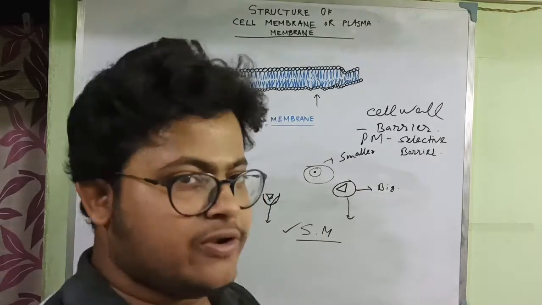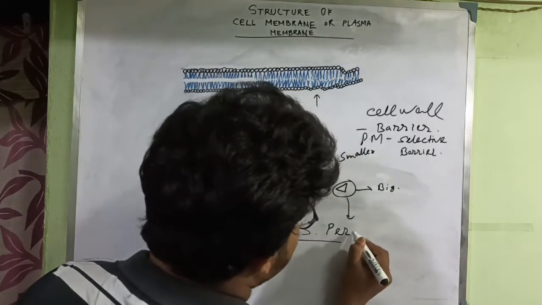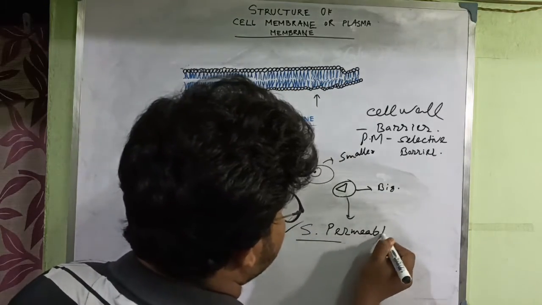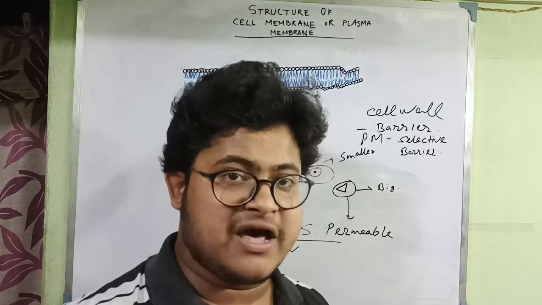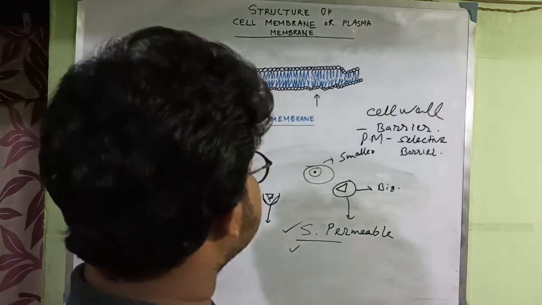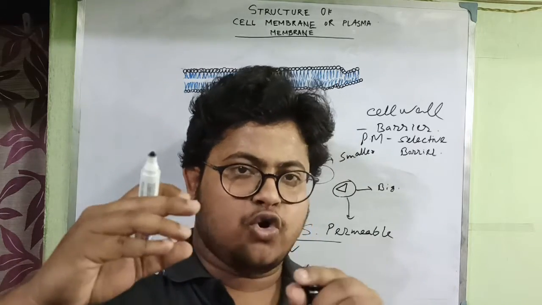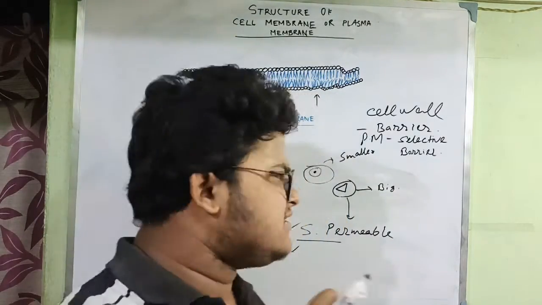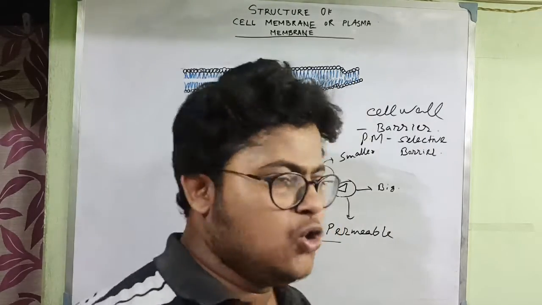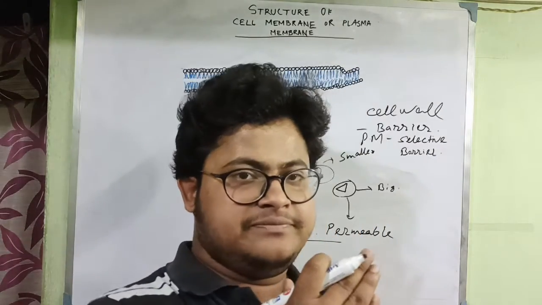So this is known as selectively permeable, the first point. But the plasma membrane can also be semi-permeable. Semi-permeable means a molecule larger than the pore cannot pass through the cell membrane, and a molecule comparatively smaller than the pore of the membrane can pass.